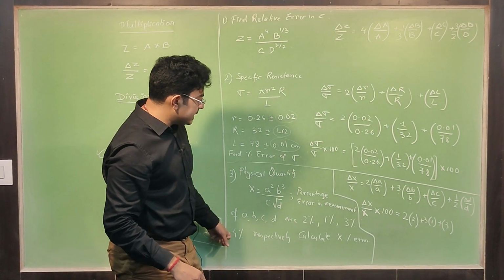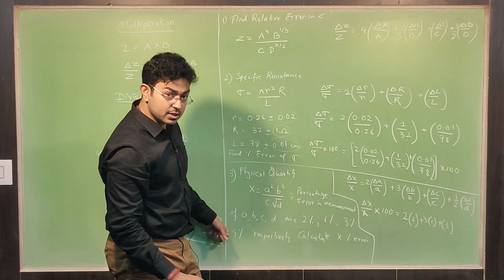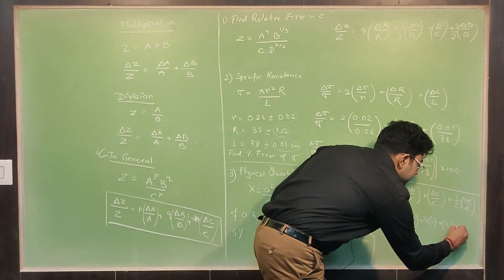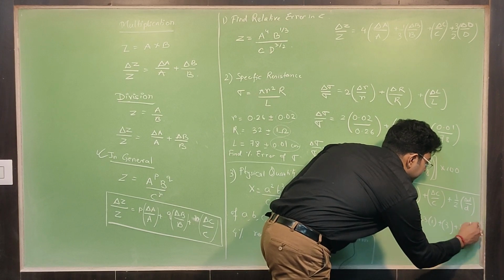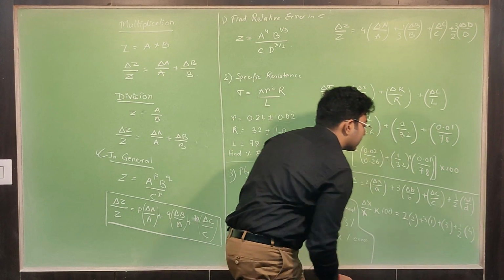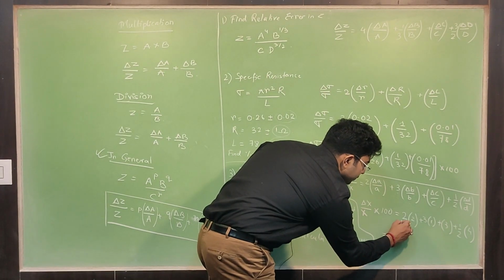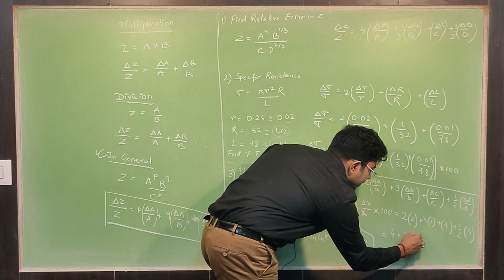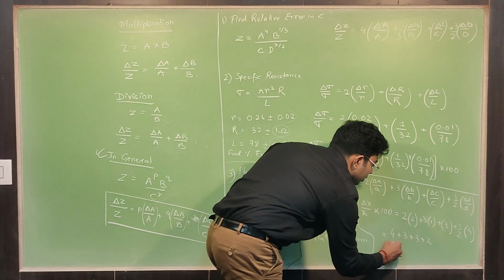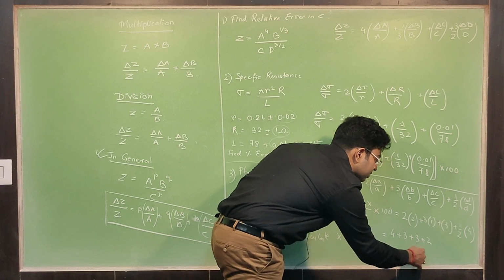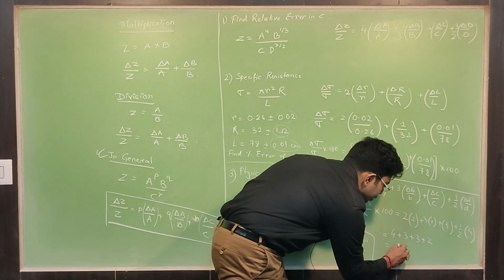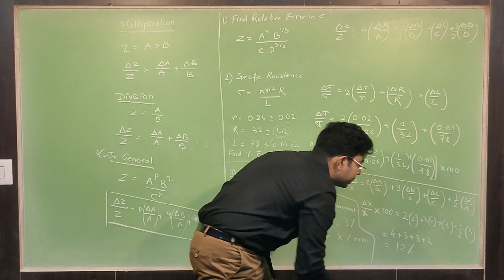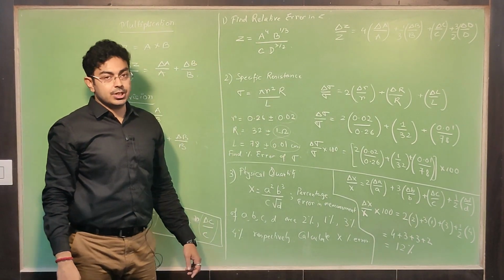And d is how much? Percentage error of d is 4%. So you get half delta d by d is 2. So when we are calculating this, we are getting 2 plus 3 plus 3 plus 4. We are getting here 12. So 12% is your percentage error.